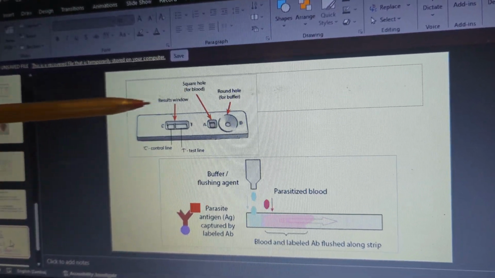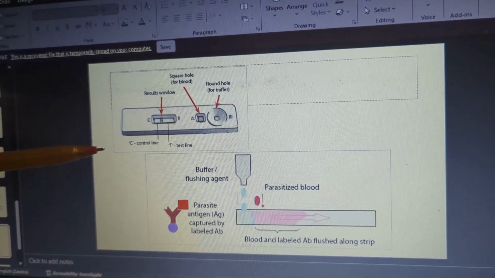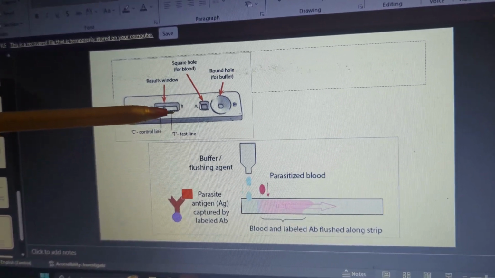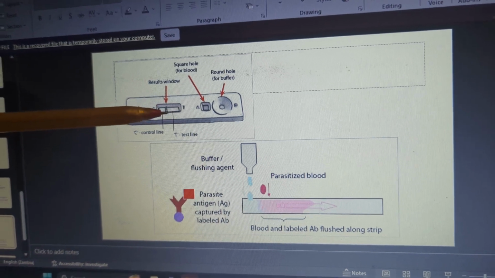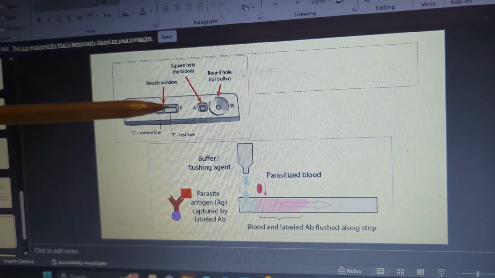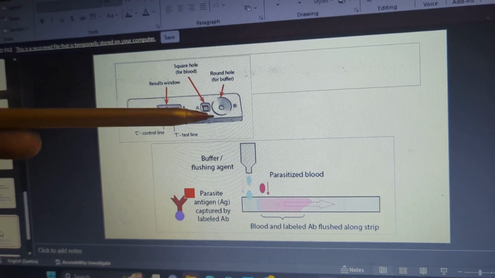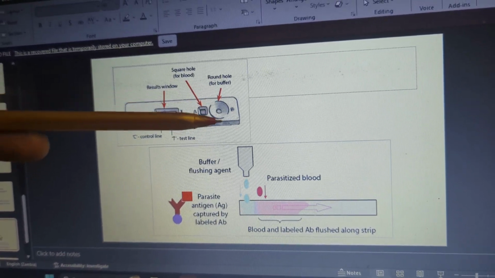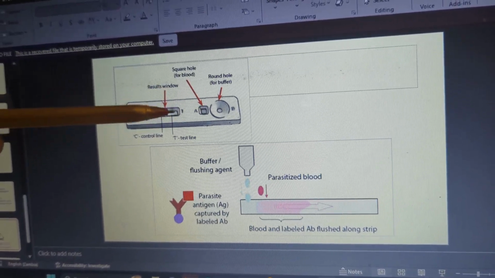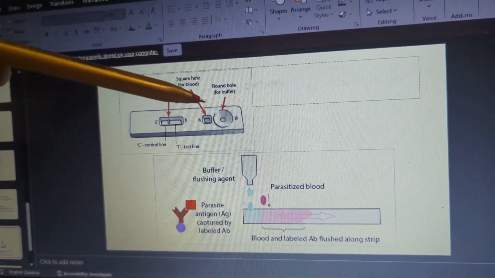This is only one example of how rapid tests are designed. For example, under Leishmania, the test is designed to detect antibody. On the T line, it is fixed with the antigen, and then the blood with the Leishmania infection, when it comes all the way into the nitrocellulose membrane, is going to bind to the antigen because of the antibody present in the blood.